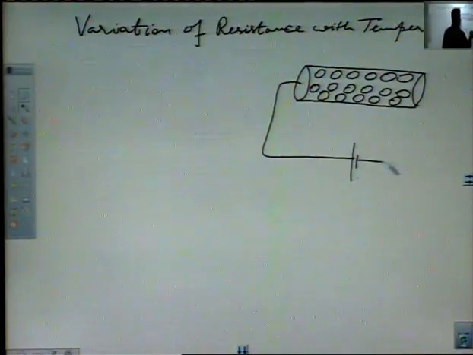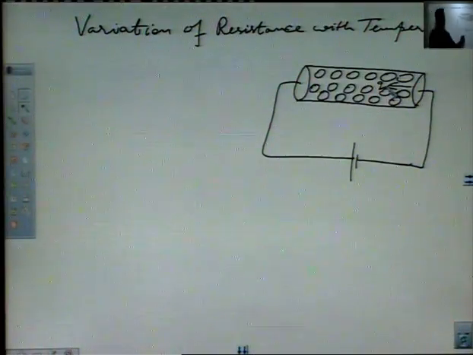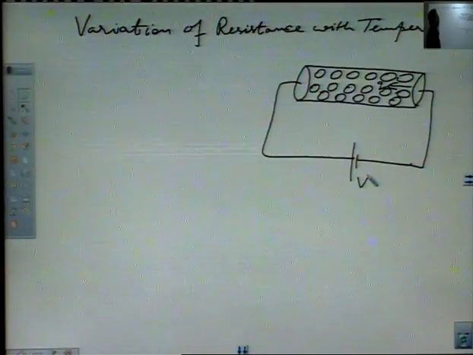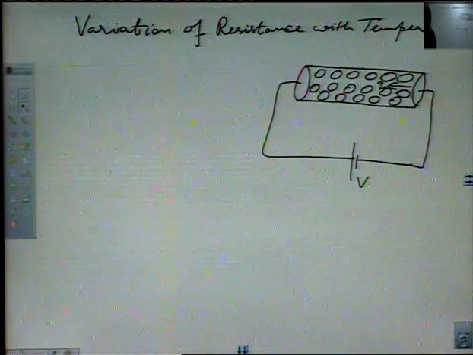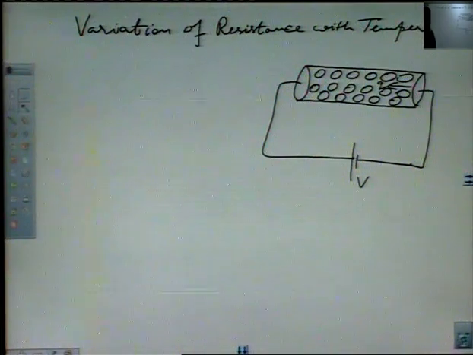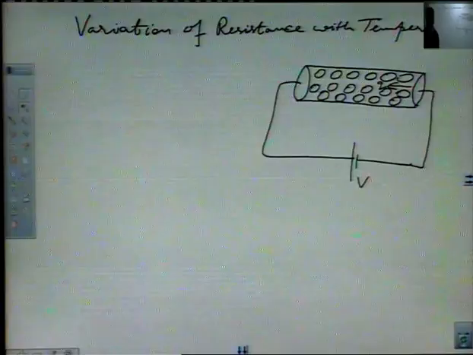In that case, the electrons which move through the conductor because of the application of potential difference, suffer a large number of collisions, and as a result of that, the resistance of the material, or the hindrance offered by the material to the flow of charge, increases. So, therefore, as the temperature of the material increases, the resistance of the conductor increases.